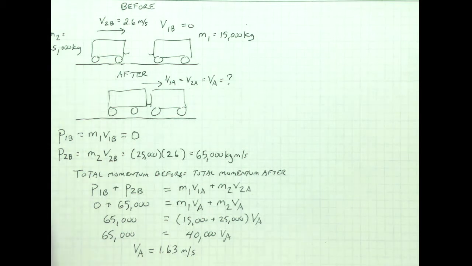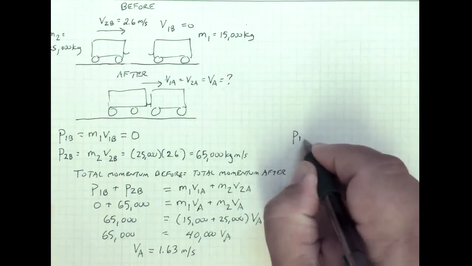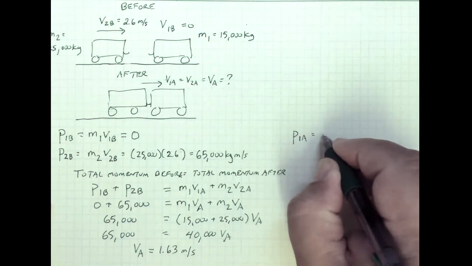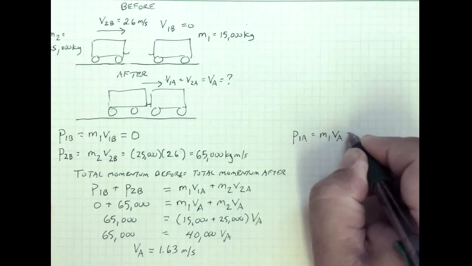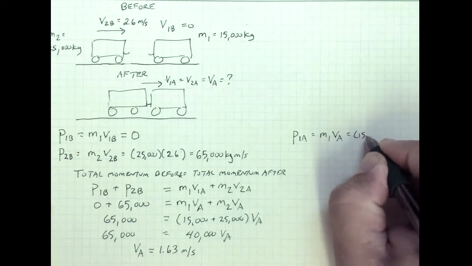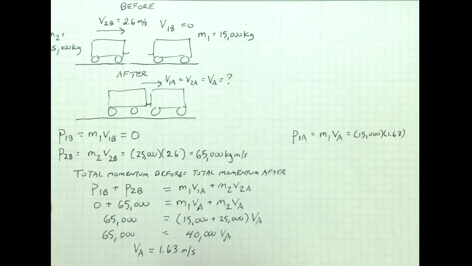Now, as a check, we can calculate the total momentum after the collision for car number 1. That's going to be M1 times this common velocity. That's 15,000 times 1.63.